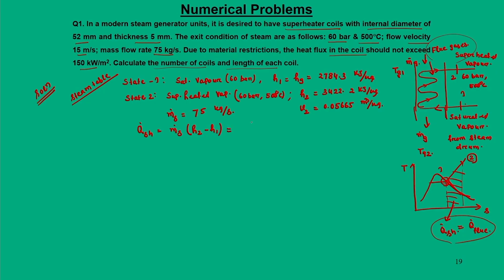By inserting the value, we arrive at 47842 kilowatt. But we see that the material heat flux on the coil should not exceed 150 kilowatt per meter square. So, accordingly we must find out the surface area of the coil.